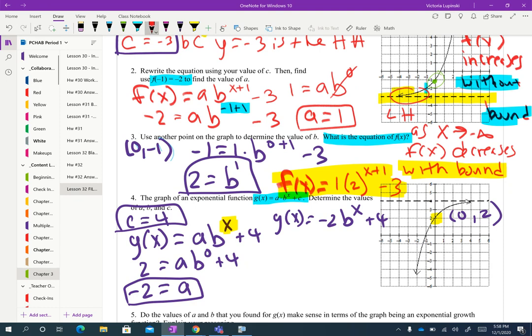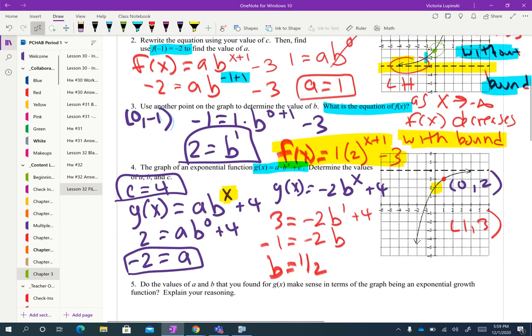I now need to find any other additional point on the graph. Again, try to keep it simple. So I'm going to look for an integer point, which looks like the point 1, 3. So 3 is equal to -2 times b to the first plus 4. Subtract the 4, which would give me -1. Divide by -2, and it looks like b is going to equal a half.